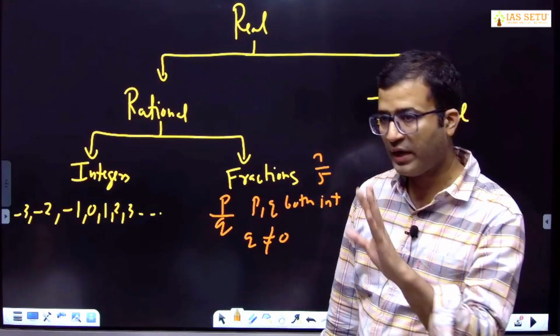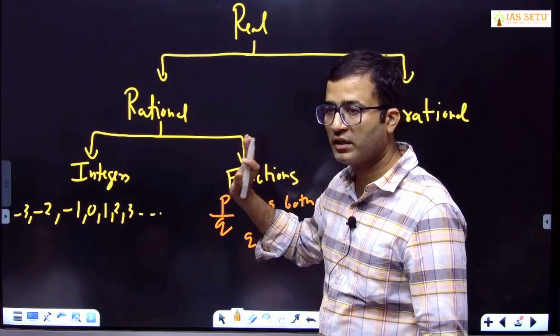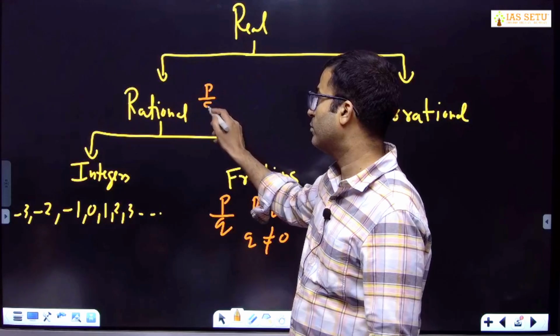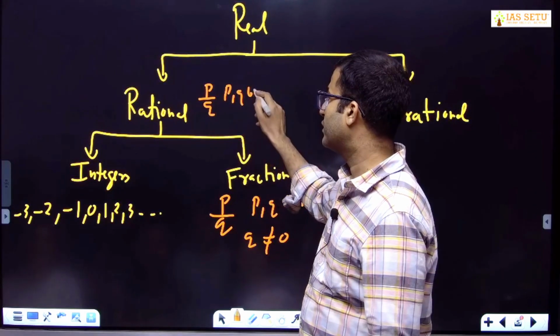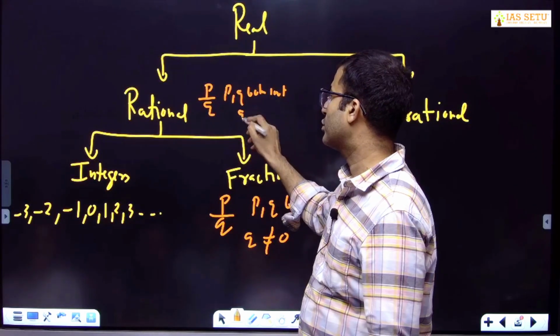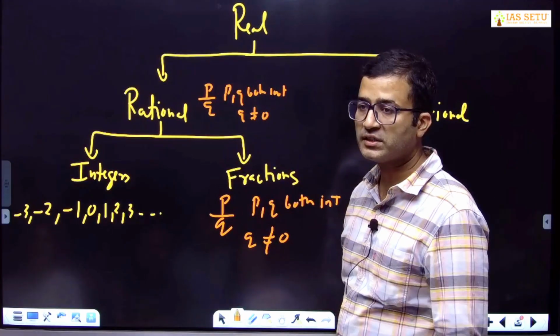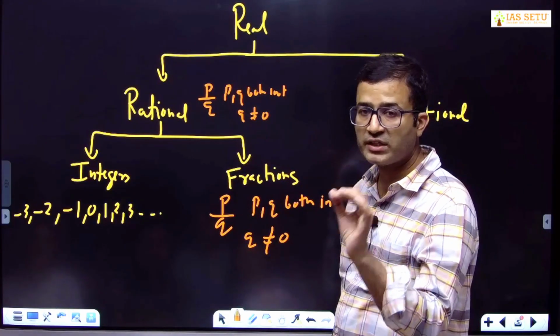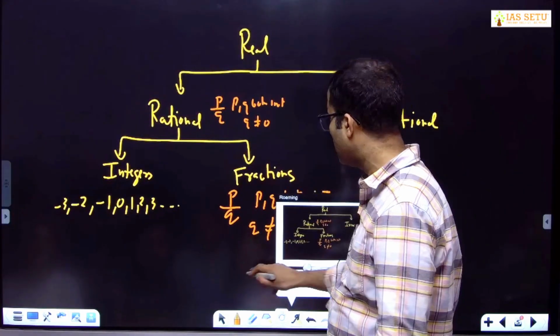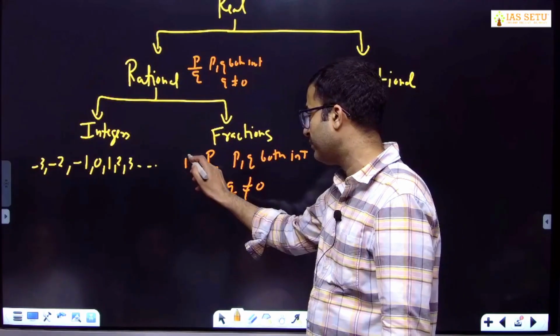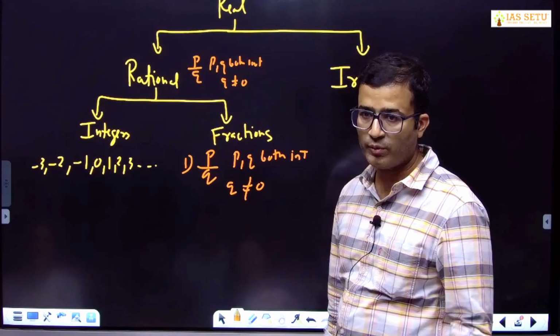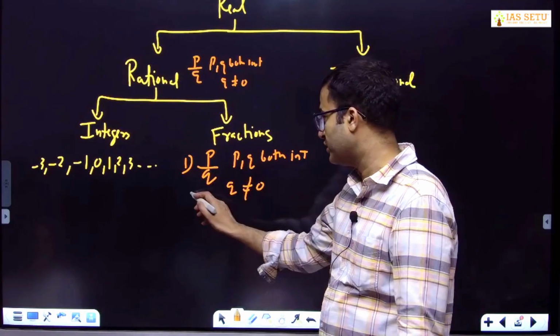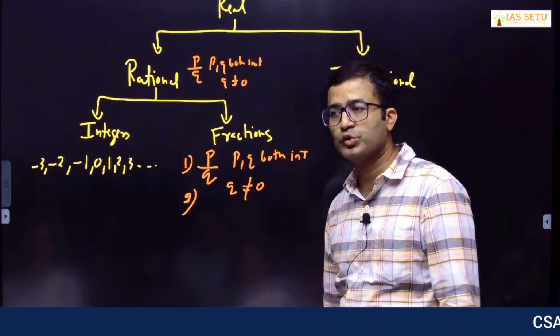I tell you. See, in rational numbers there are two conditions. It is in the form of P by Q, where P and Q both integers and Q is not equal to 0. But whereas in fraction there are three conditions. As far as the definition of fraction is concerned, we have these two conditions same, that it can be expressed in the form of P by Q, where P and Q both integers. Second condition is Q should not be 0.